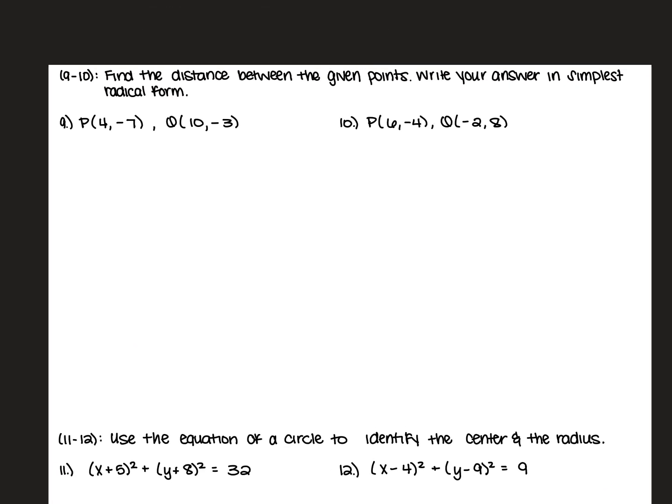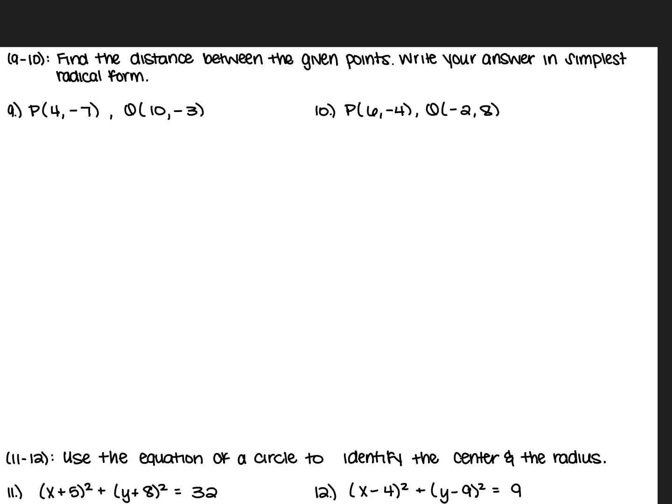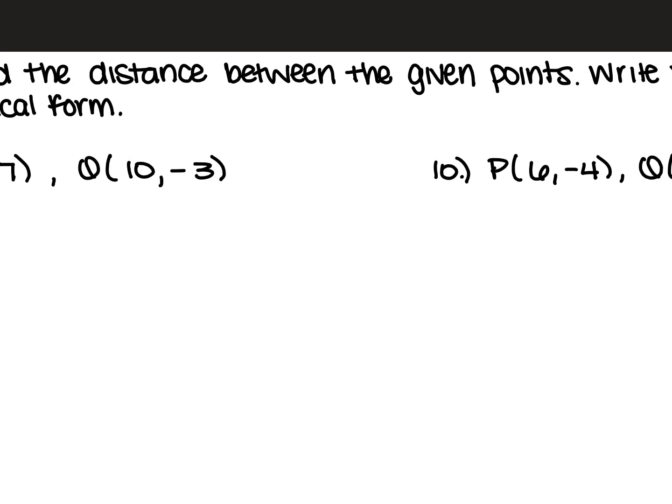For your next set of questions, you are finding the distance between the given points and writing your answer in simplest radical form. Remember, your distance formula is the square root of (x2 - x1)² + (y2 - y1)².